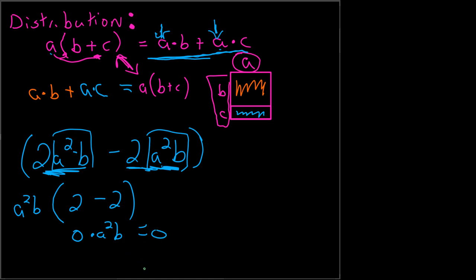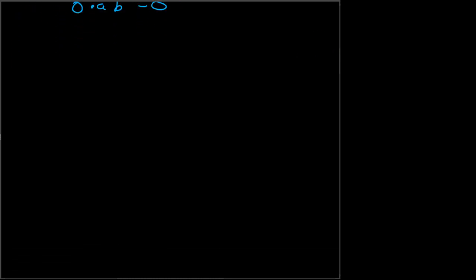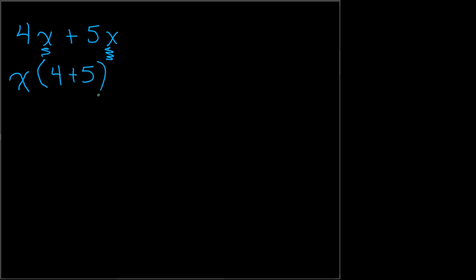So what we're doing in collecting like terms works because of this distribution property. Let me show you an example with one variable. Four x plus 5x. I have the same name thing. So that was like my a. I can bring the x outside, and I have 4 plus 5, or 9x.